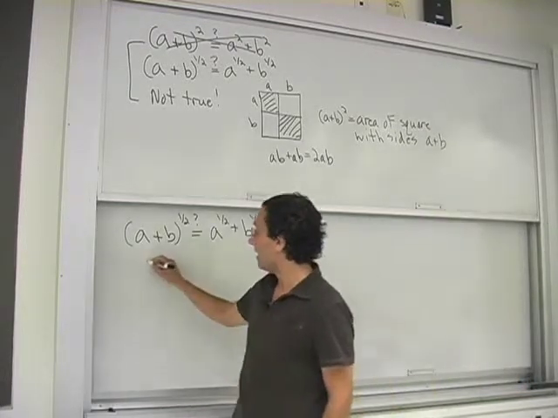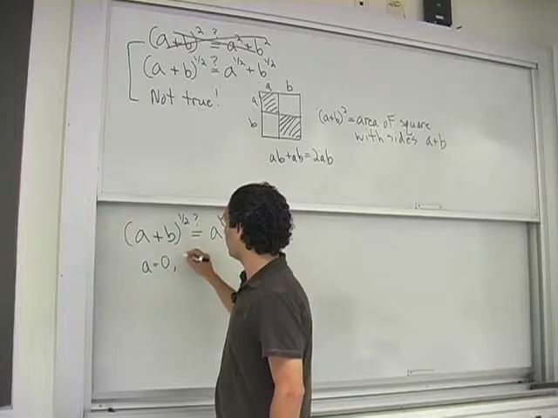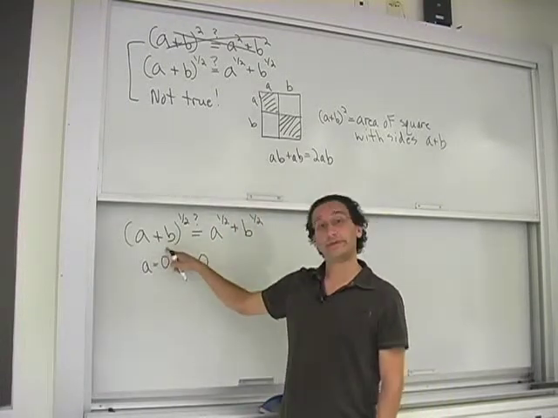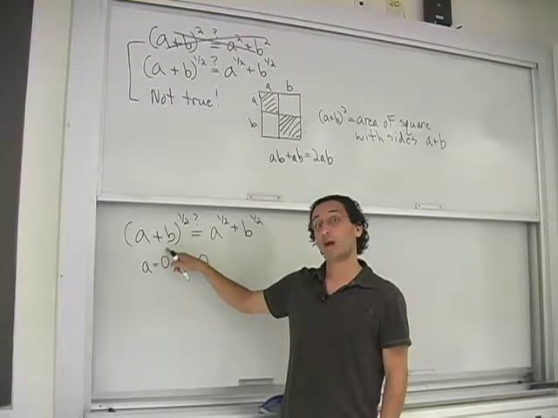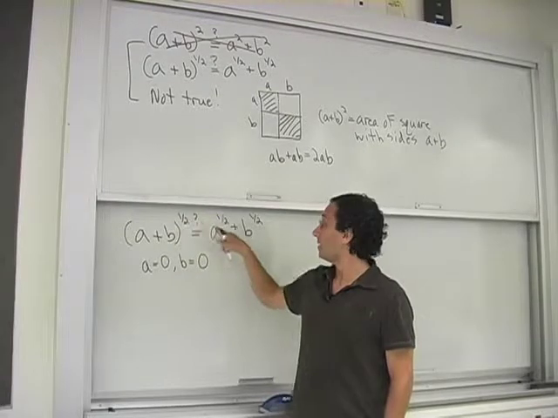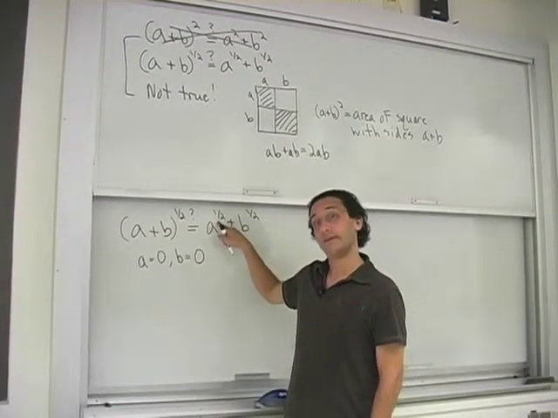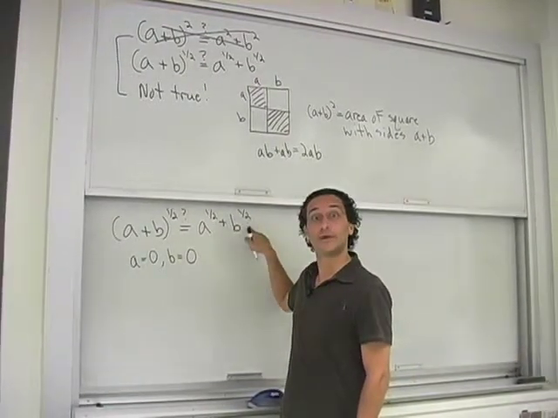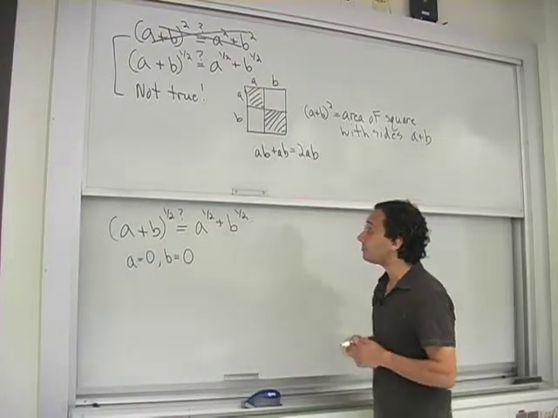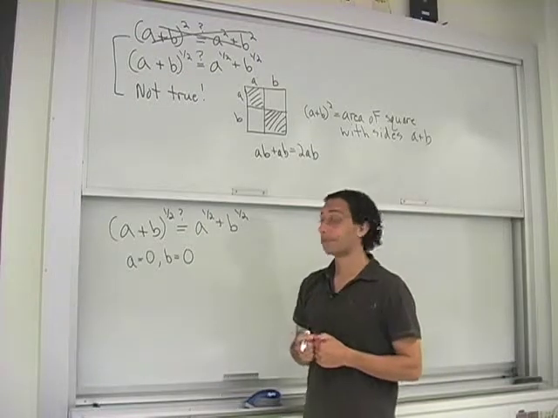In fact, if a equals 0 and b equals 0, that is true. 0 plus 0 is 0. The square root of 0 is just 0. So we have 0 equals 0. That works. But what about in general?